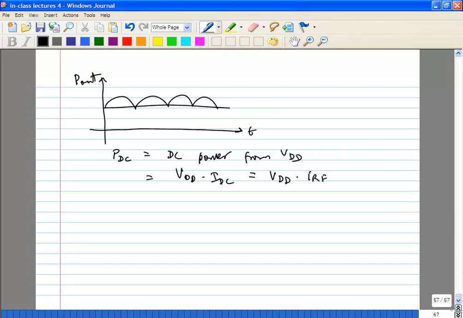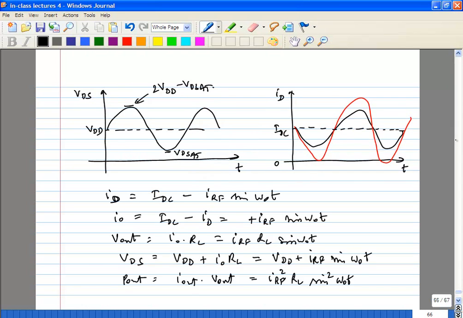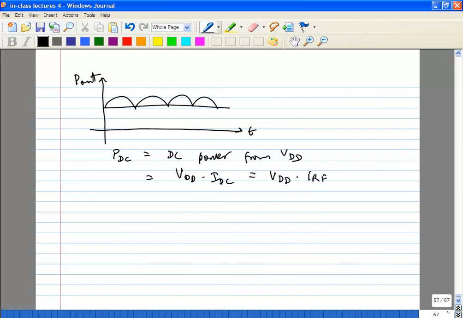If you assume that M1 just cuts off, so you want to get the best efficiency, right? The best efficiency is when M1 just cuts off, and at that point your IDC is the same as IRF, the amplitude, which means you can write it as VDD times IRF.